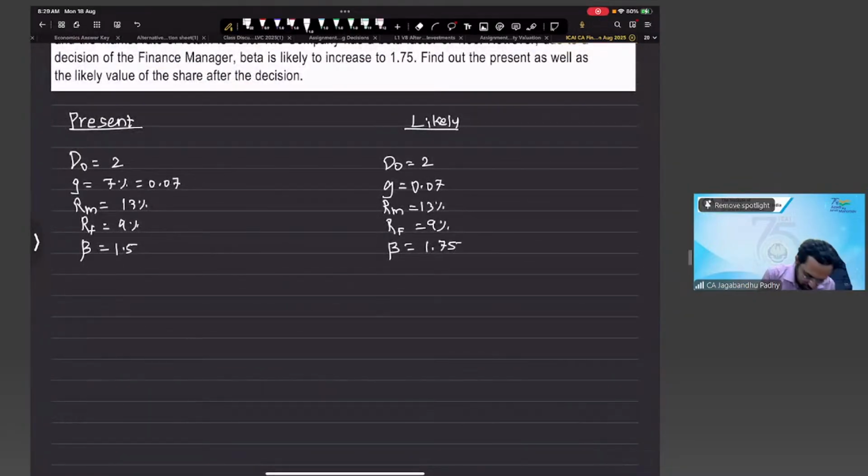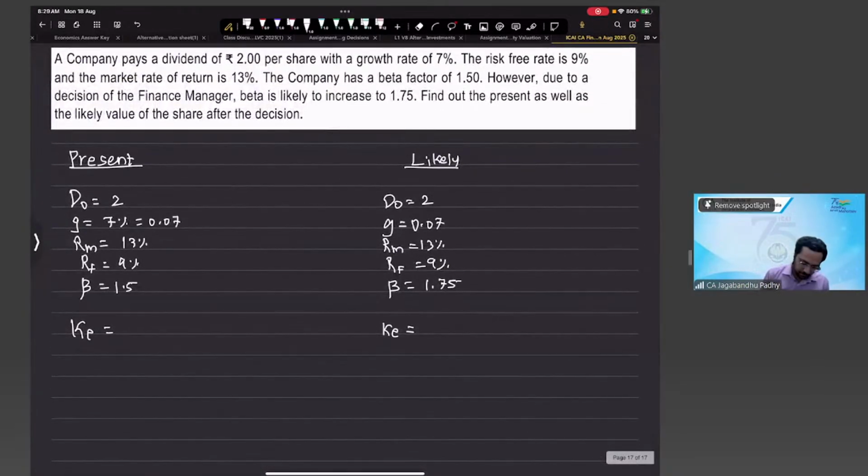Under both situations, first we need to get KE.